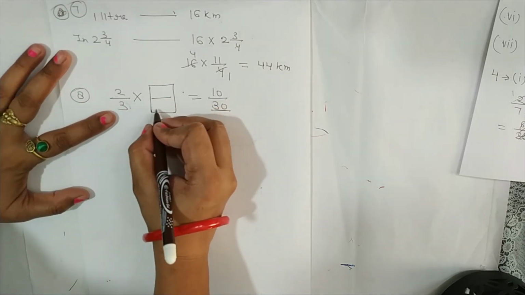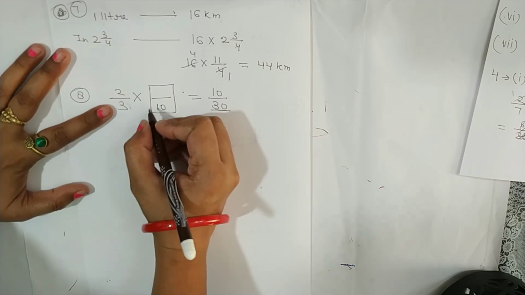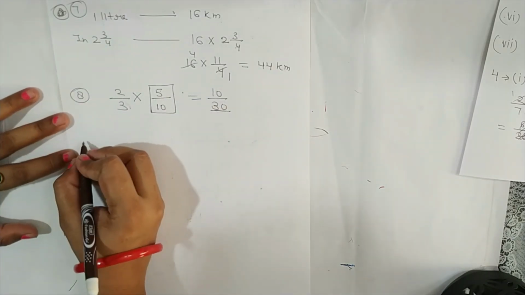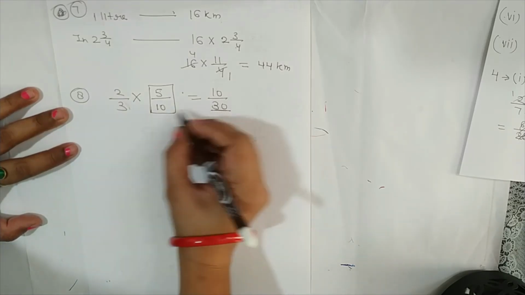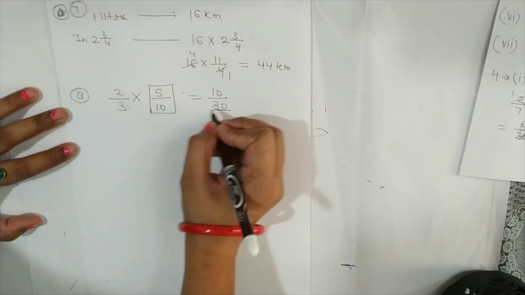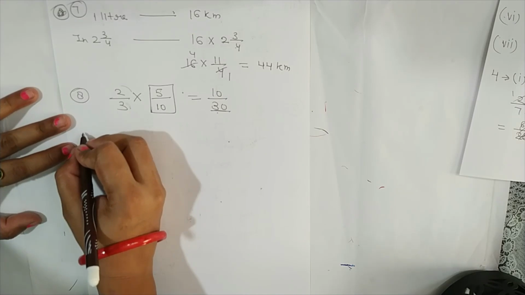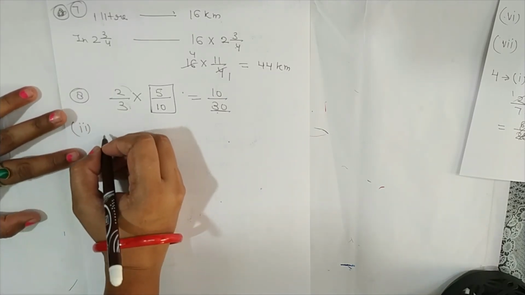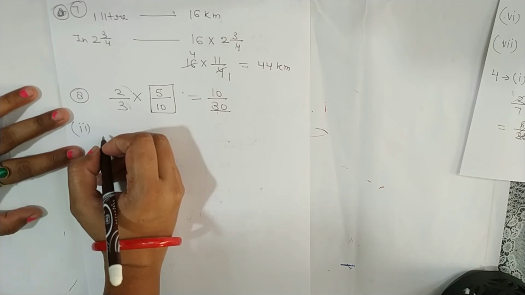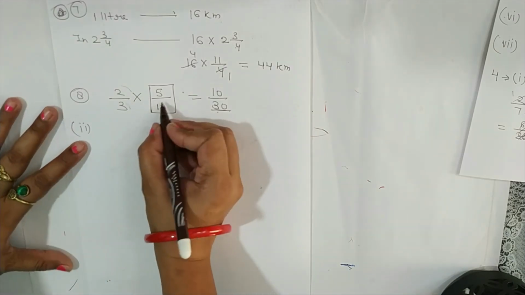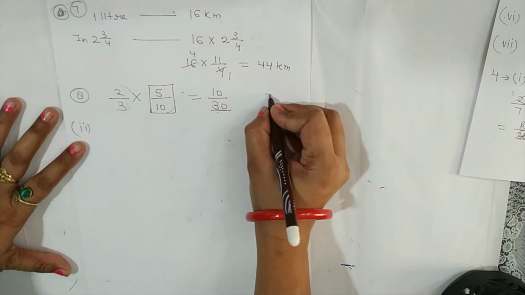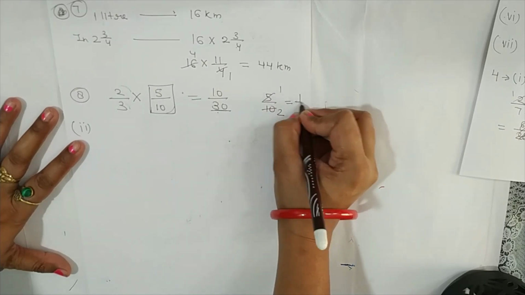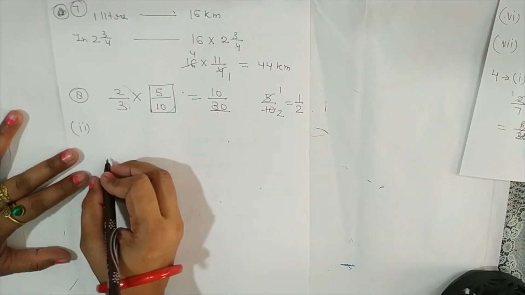So we have to multiply by 10, then here 5. Or you can divide 10/30 by 2/3. Now the second part: the simplest form of the number obtained. Its simplest form will be 5/10, 5 1s are 5, 5 2s are 10. So it will be 1/2.